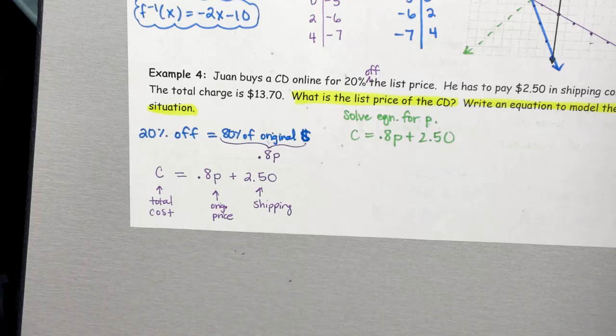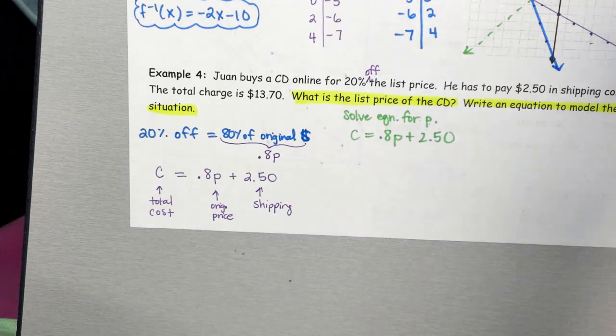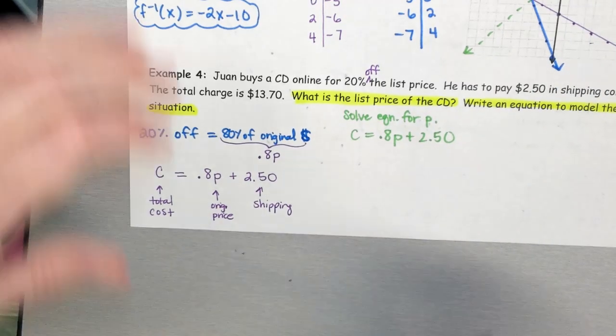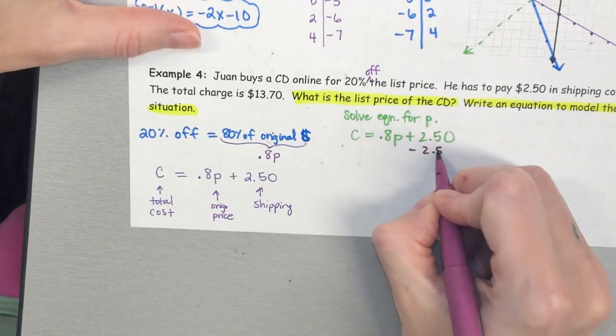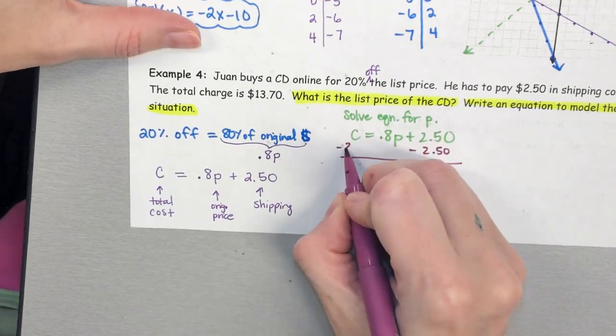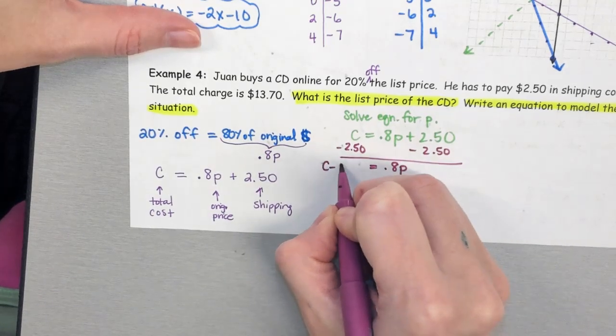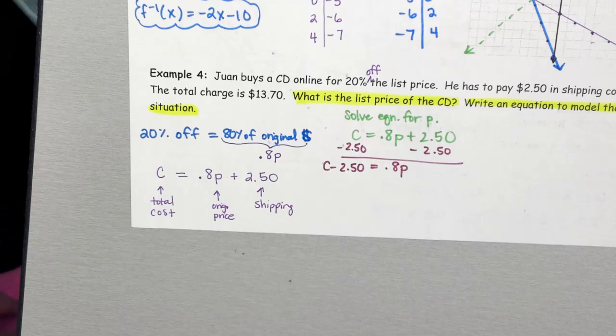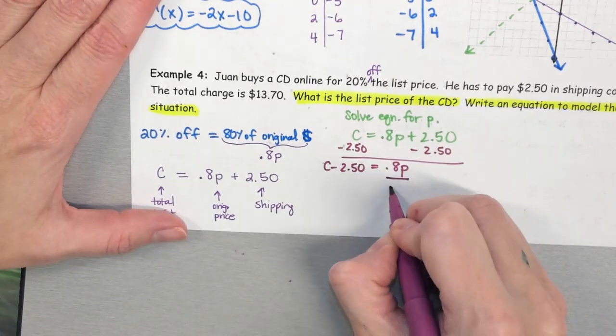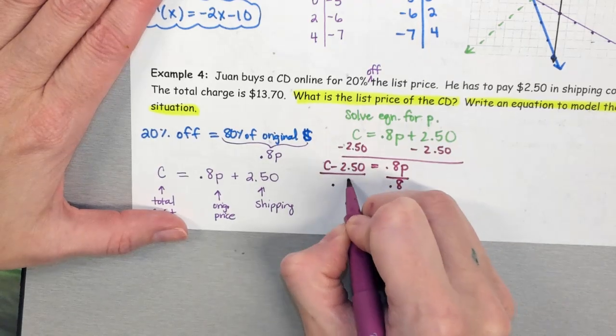Okay, so then we're just going to subtract 250 from both sides. So we have C minus 250 equals 0.8p. To get the p by itself, we're dividing by 0.8.